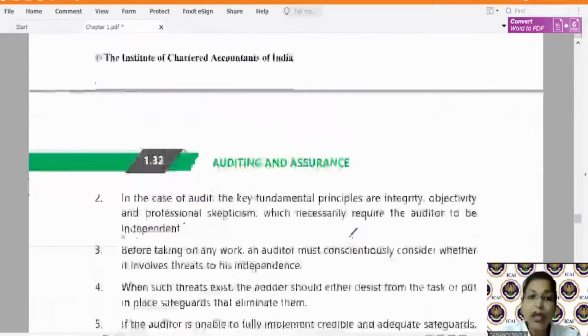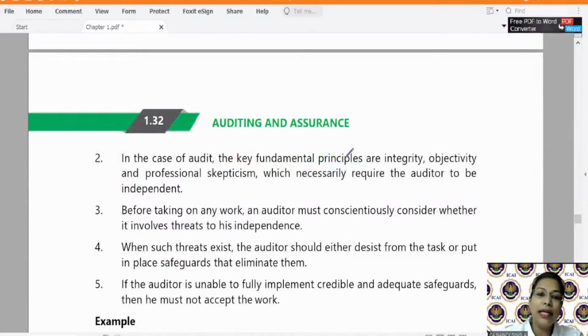Okay, why? Because unless and until there is independence, integrity, objectivity, professional skepticism cannot be applied. So the second point says, in the case of audit, the key fundamental principles are integrity, objectivity, and professional skepticism, which necessarily require the auditor to be independent. This is kind of revision, right? We did all these points.